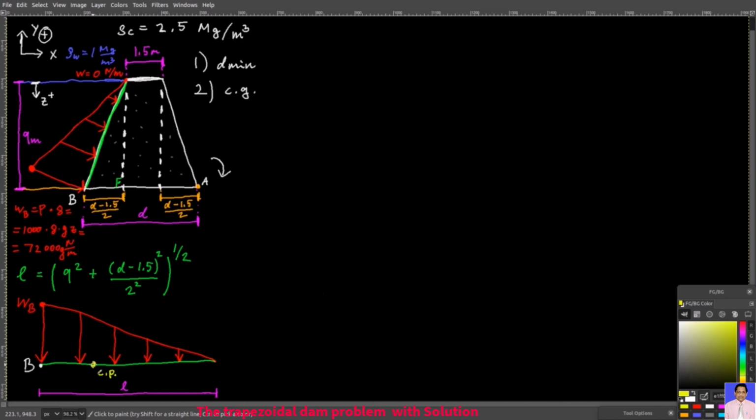It's right here, this point, and it's 1/3 of L. The total force due to this pressure distribution is L times wB, which is 72,000 times g, divided by 2 newtons. And it acts through this center of pressure here.